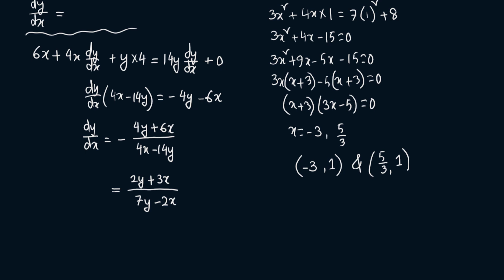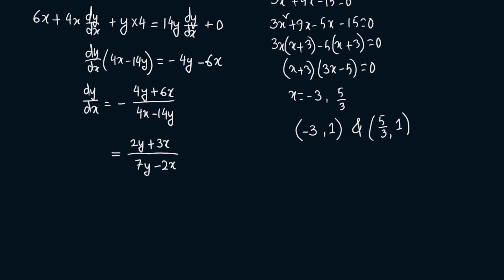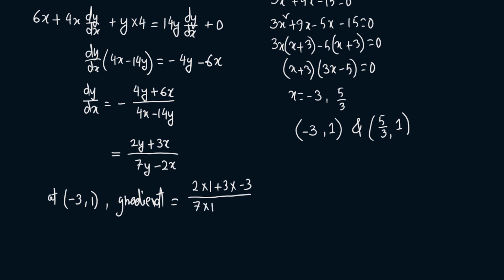Now it's very easy. At the point minus 3, 1 gradient, because this is our question. Gradient means we needed to put our value here in this equation, which is 2 into 1 plus 3 into minus 3 divided by 7 into 1 minus 2 into minus 3.